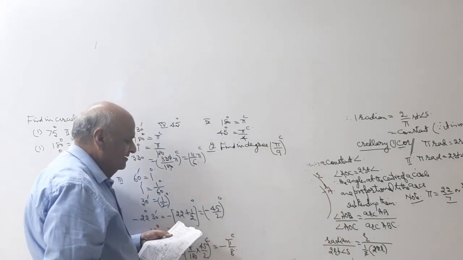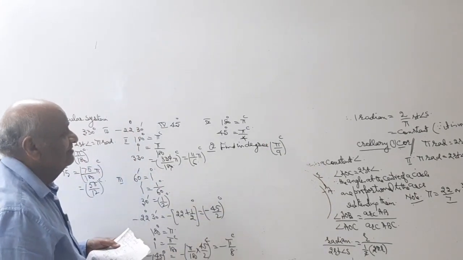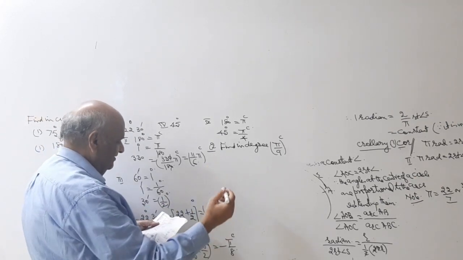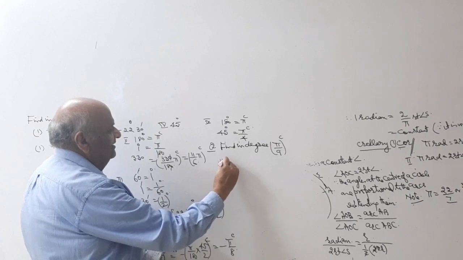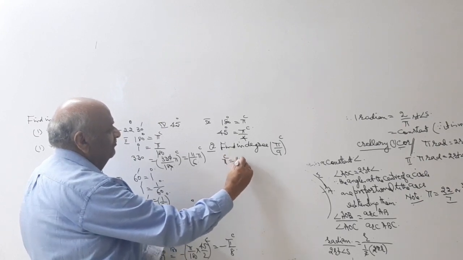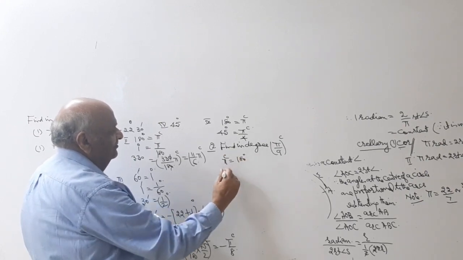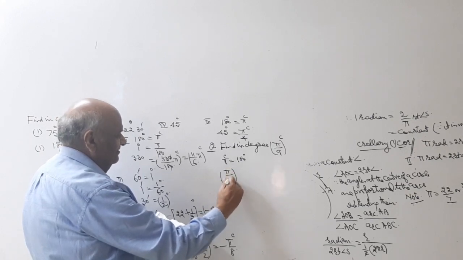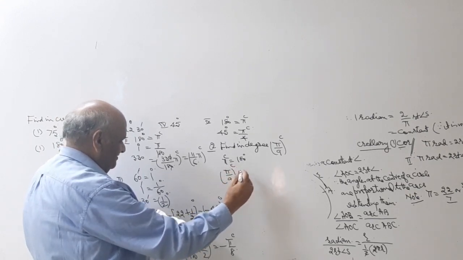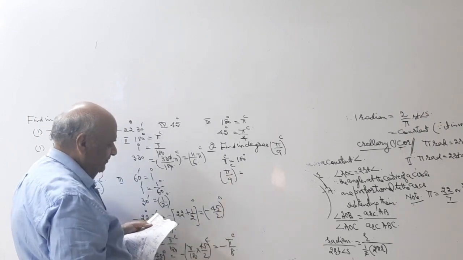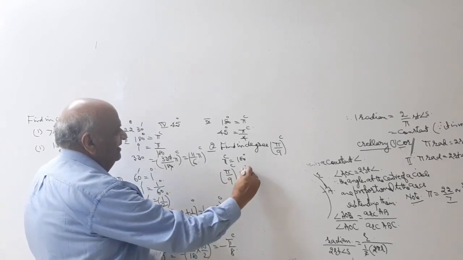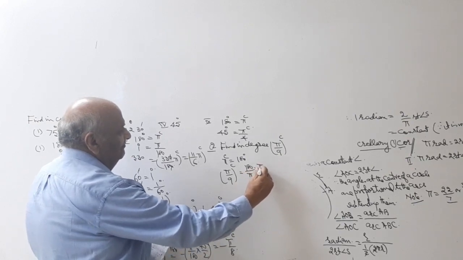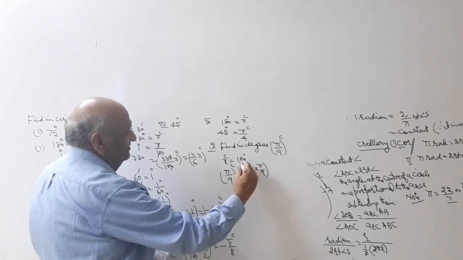Pi upon 9 radians. So very simple. Now apply the scale in the reverse order. We say pi radians is equal to 180 degrees. So pi by 9 radians will be equal to, how much is it? 180 upon pi into pi upon 9 degrees.